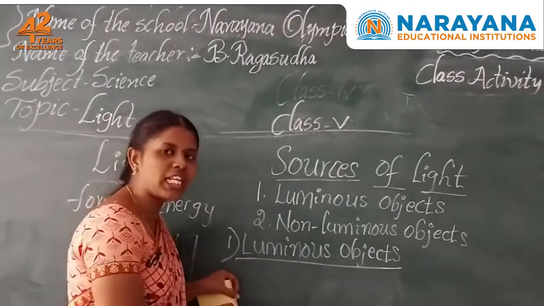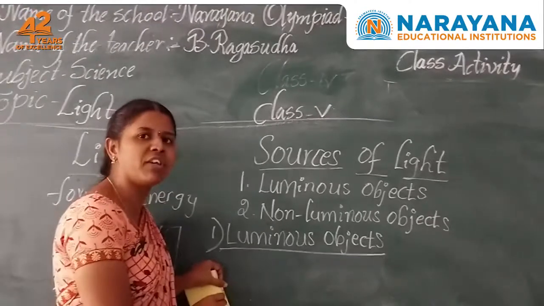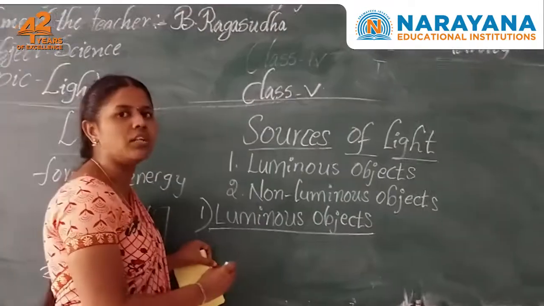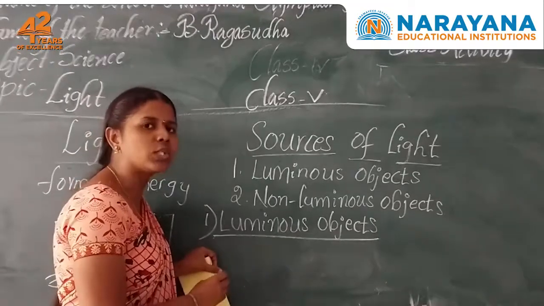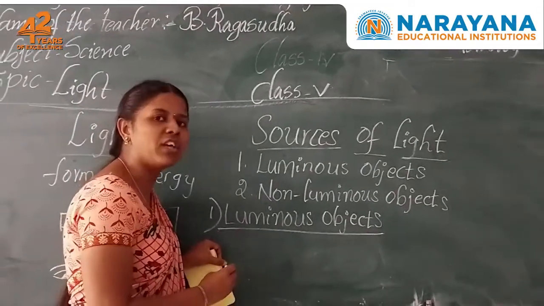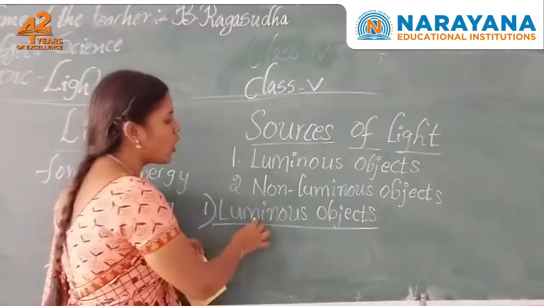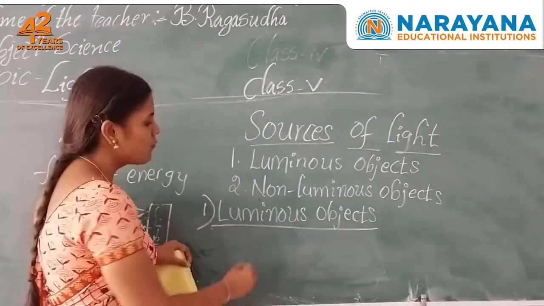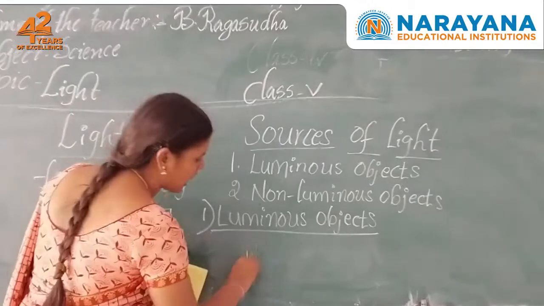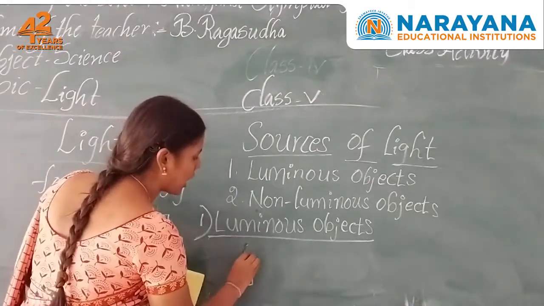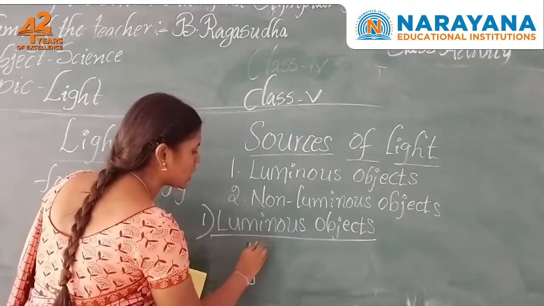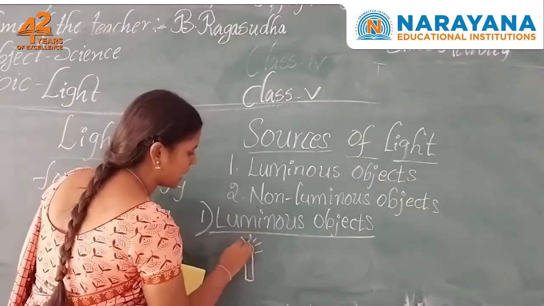The objects which are capable of giving out light by themselves are called luminous objects. For example, take one candle. The candle is called a luminous object because the candle gives some light.